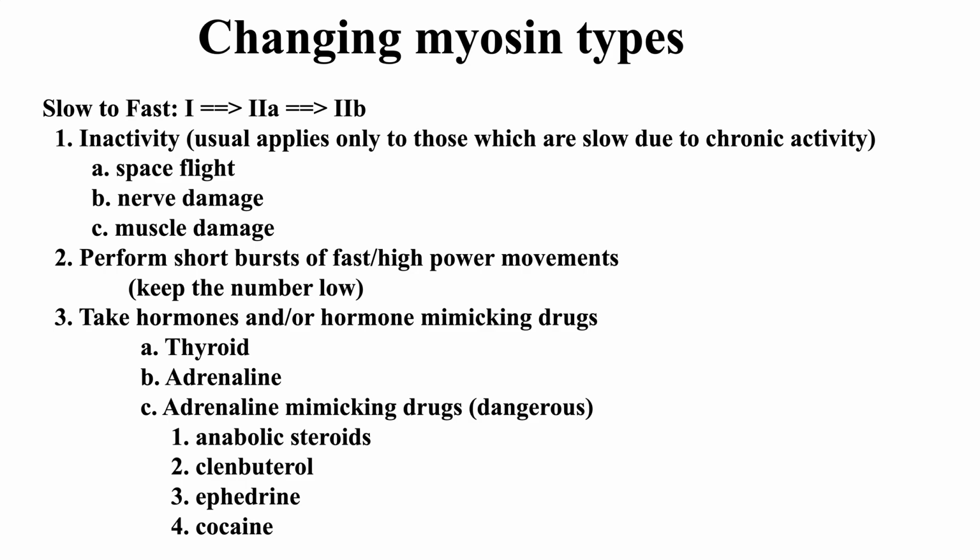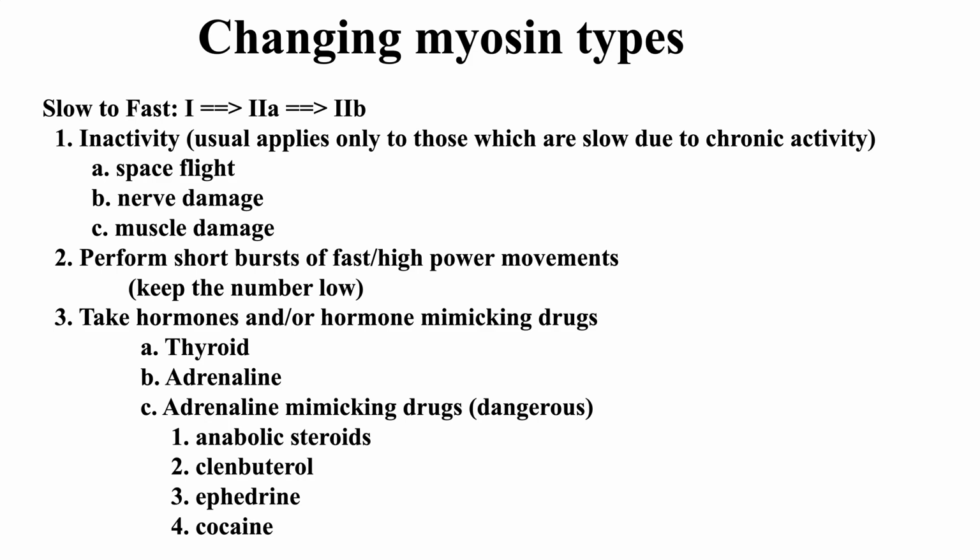Since all of us in our field are not couch potatoes, we're all exercise enthusiasts, if you want to become more type 2 fibers, perform short bursts of fast, high-power movements. That is resistance training, sprints, high-intensity interval training, things of that nature. You can also take hormones. You can take thyroid, adrenaline, or adrenaline-mimicking drugs, steroids, clenbuterol, ephedrine, cocaine.